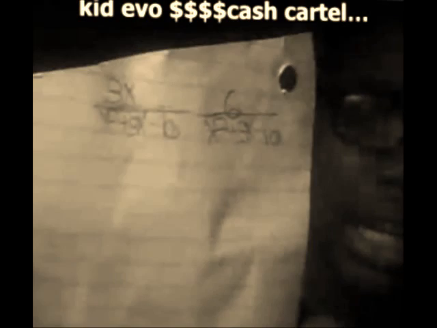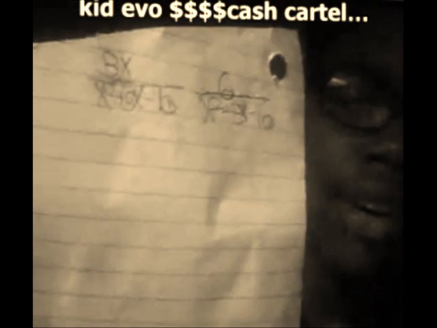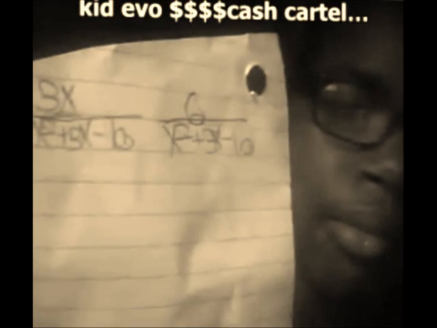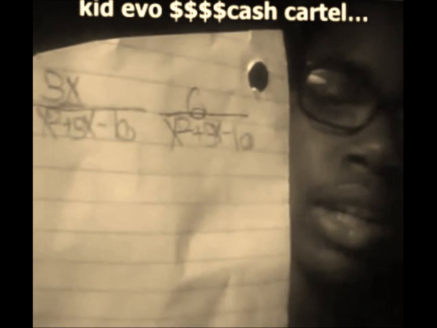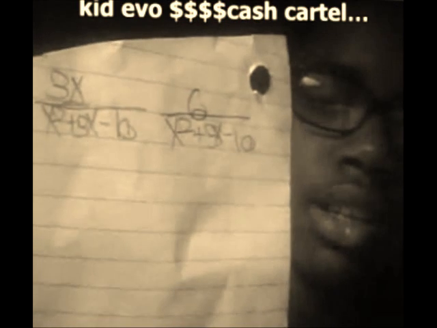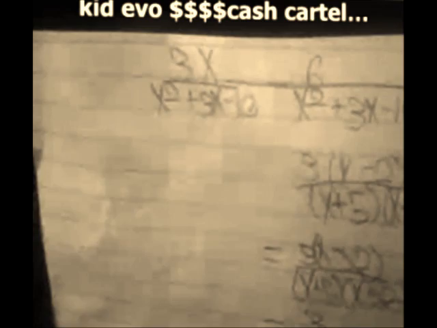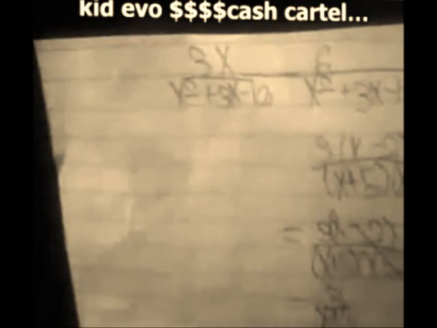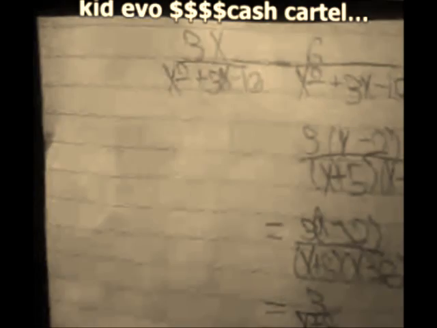First, we're going to start off with 3x over x squared plus 3x minus 10 minus 6 over x squared plus 3x minus 10. So this is the work. First, we combine the numerator, 3x and 6, and then we put our denominators together.